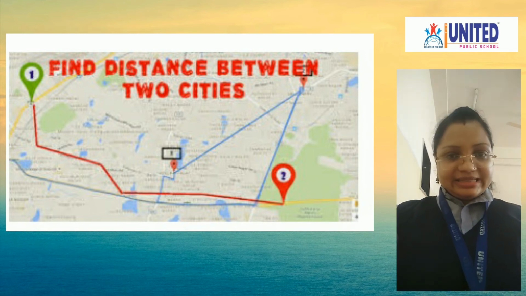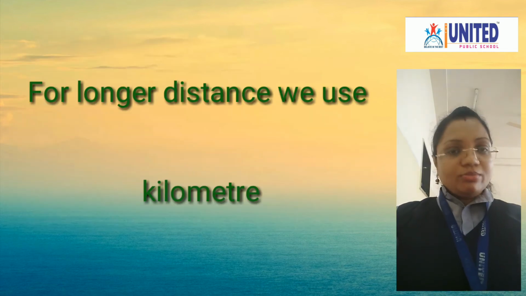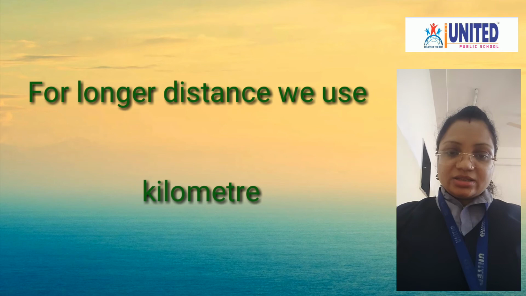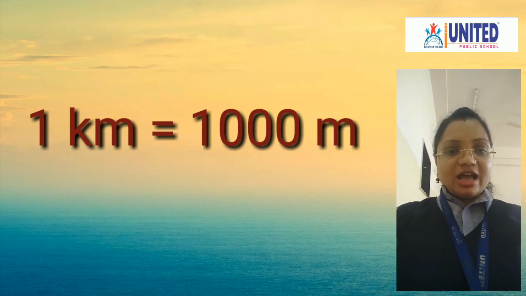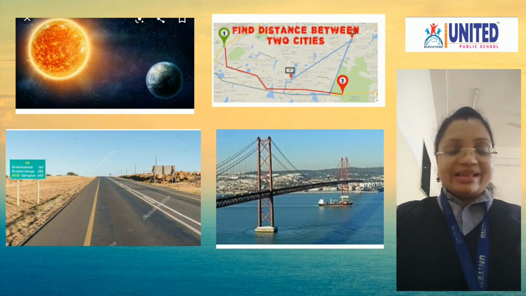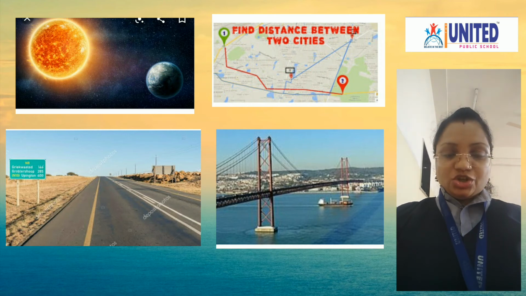That means whenever we want to measure a longer distance, that time we use the kilometer. And 1 kilometer is equal to 1000 meters. So these are some examples that we can measure in the kilometer.